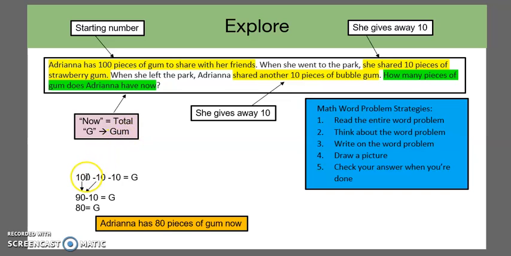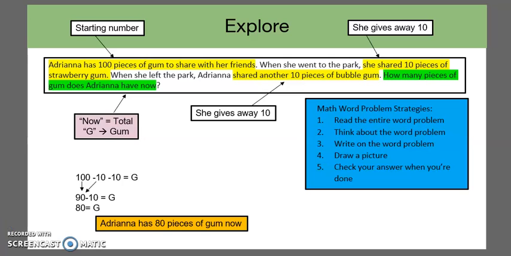So we started out with 100, subtracted 10 for the strawberry gum, and then subtracted 10 again for the bubble gum. 100 minus 10 gives us 90, and then we bring down the negative 10 again. 90 minus 10 gives us 80. Adriana has 80 pieces of gum now.